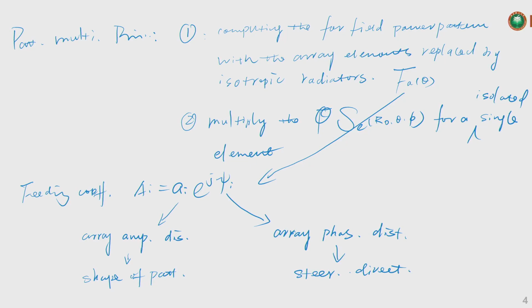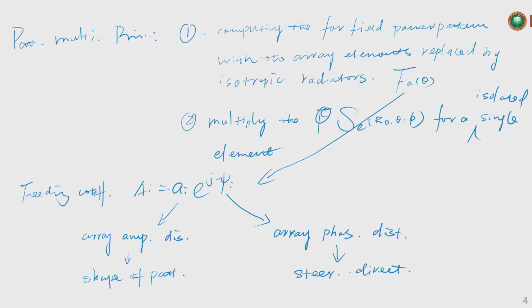So now we know how to control the pattern and also the direction if we are to design an antenna array for our aims. Now let's assume a uniform phase distribution.